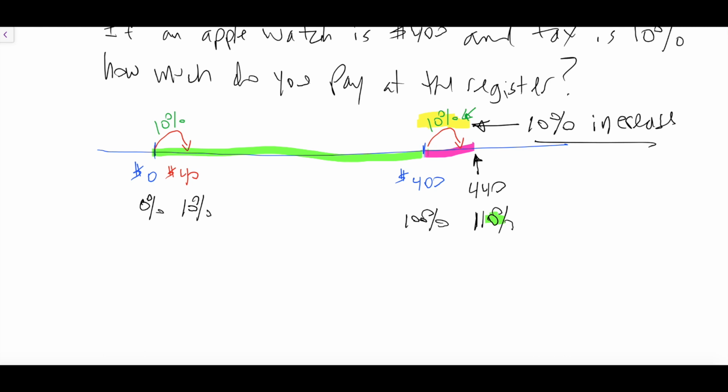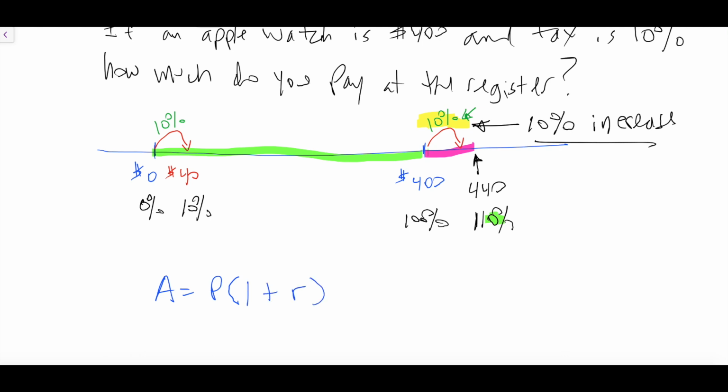So I'm going to adjust our formula. A equals P, and now watch, here's the new formula: A equals P times (1 plus R).